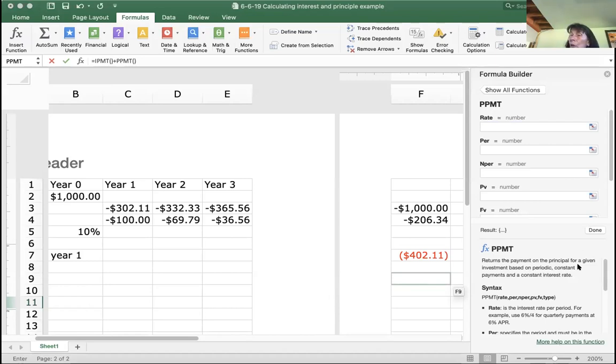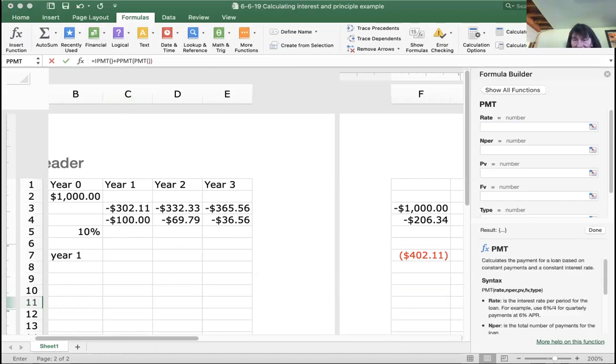So when you're doing loans, this will help you calculate it because some of you are going to get confused. And you also notice when you do your formulas, if you bring down this list and you click on one, let's just look at the payment, it calculates the payment for a loan based on constant payments and a constant interest rate. So we have ways to do this where you don't have to do it yourself.